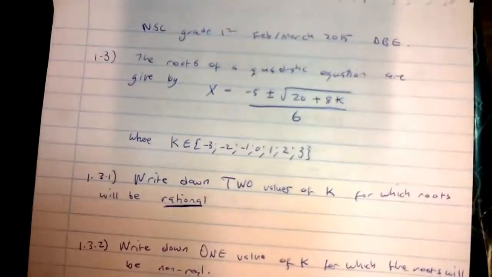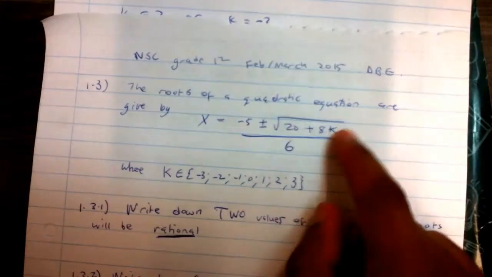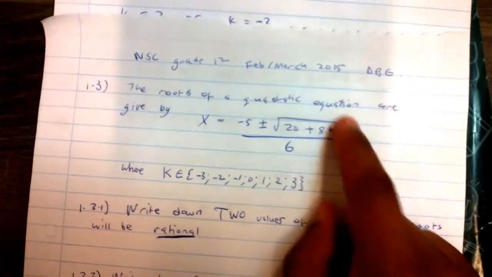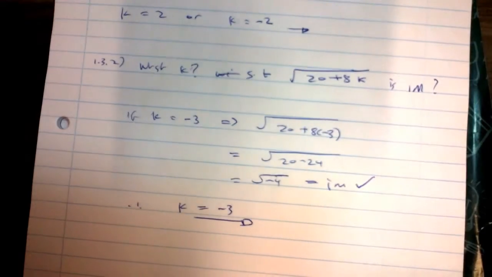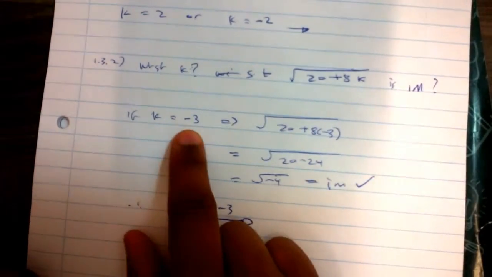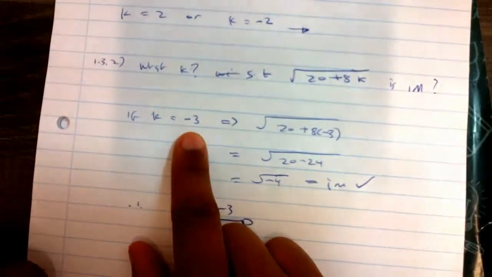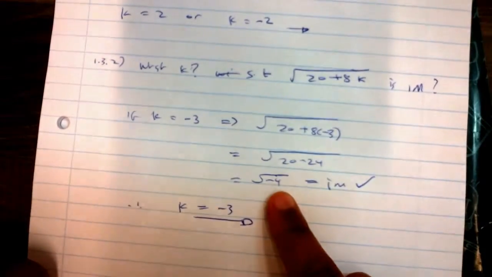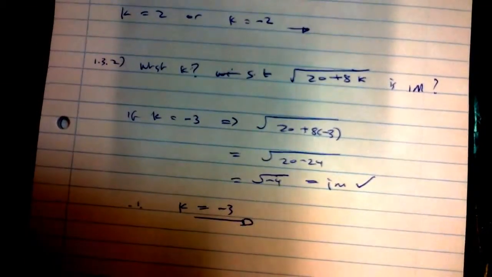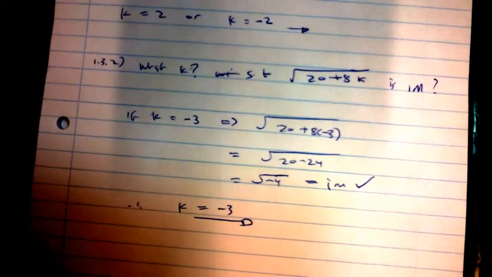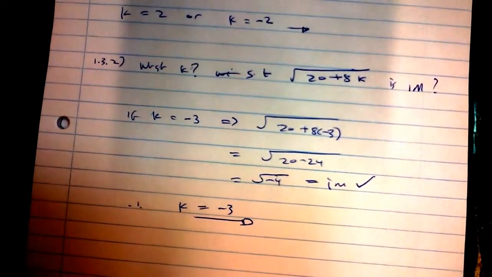It's equivalent to asking, how do we make this root of 20 plus 8k an imaginary number? We saw that by plugging in the value of k equals negative 3, this whole thing gives you root of negative 4, which is an imaginary number. So k equals negative 3 is the solution.